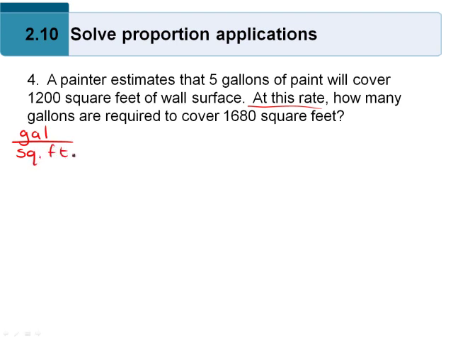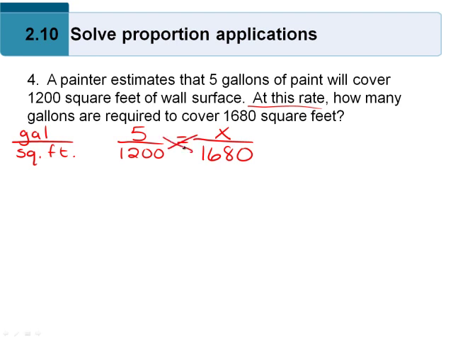We have 5 gallons will cover 1,200 square feet. At this rate, we want to know how many gallons. The gallons are on top, that's what we're looking for, so that's going to be x, and we need to cover 1,680 square feet. So there's our proportion.